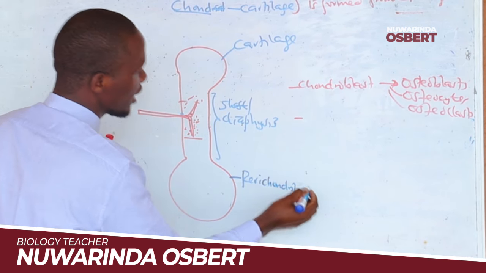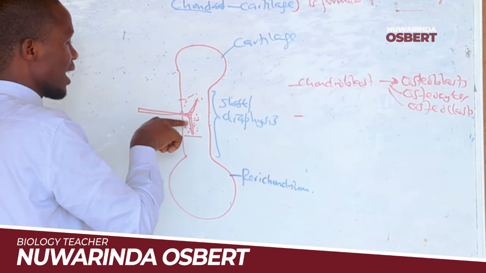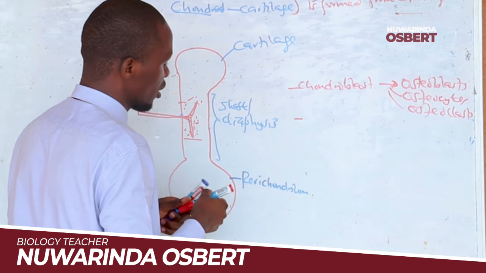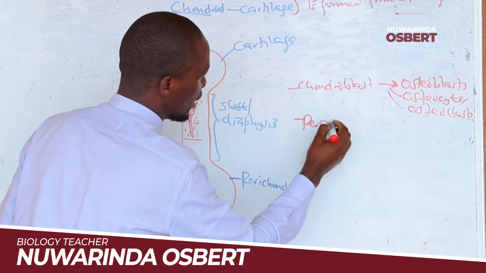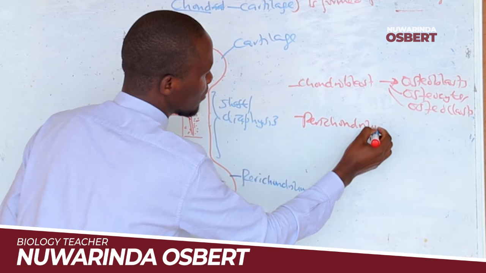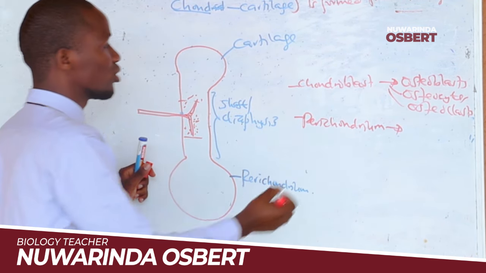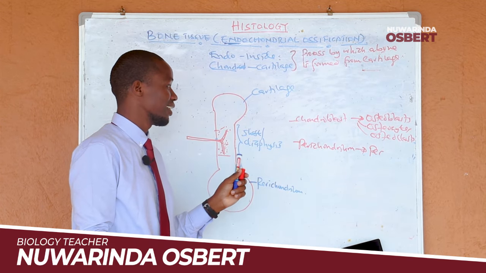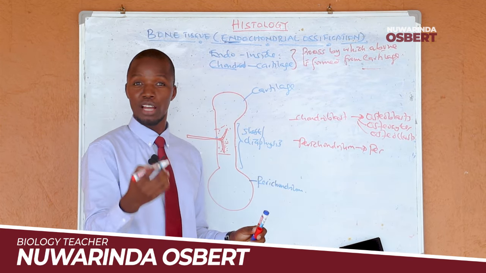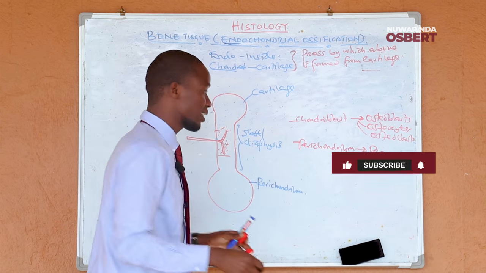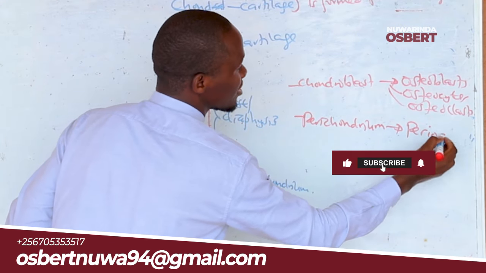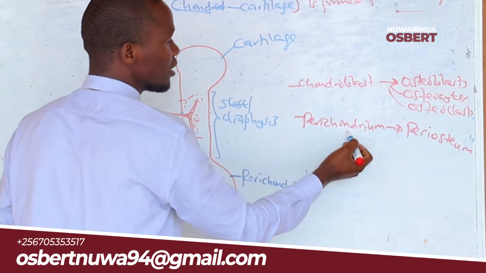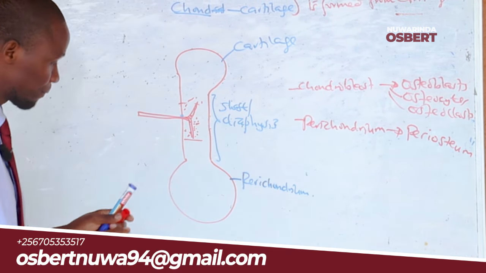Now the moment a blood vessel enters and penetrates and starts depositing, the perichondrium that we had at first now turns into the membrane which was surrounding the bone. I'm sure you still remember if you have been following, and that is called periosteum. Yeah, periosteum, good.